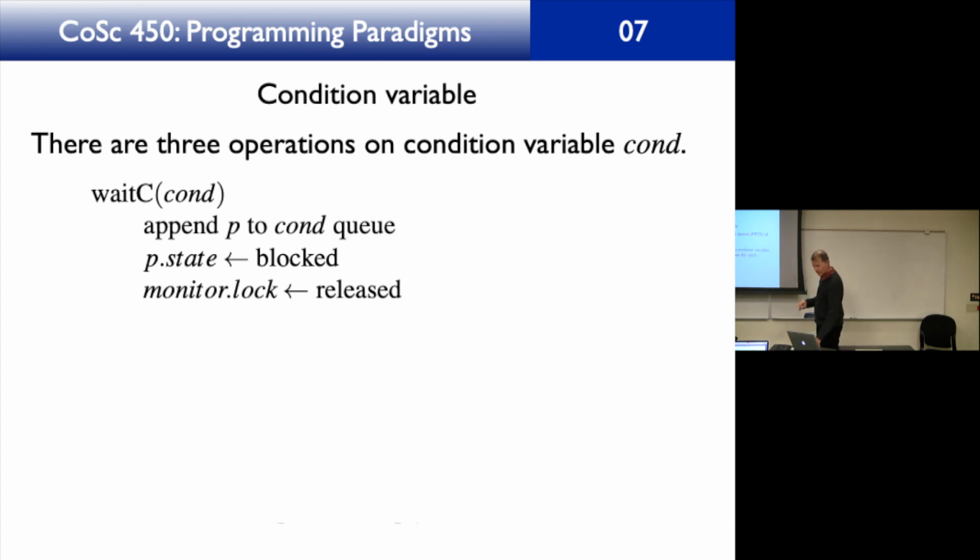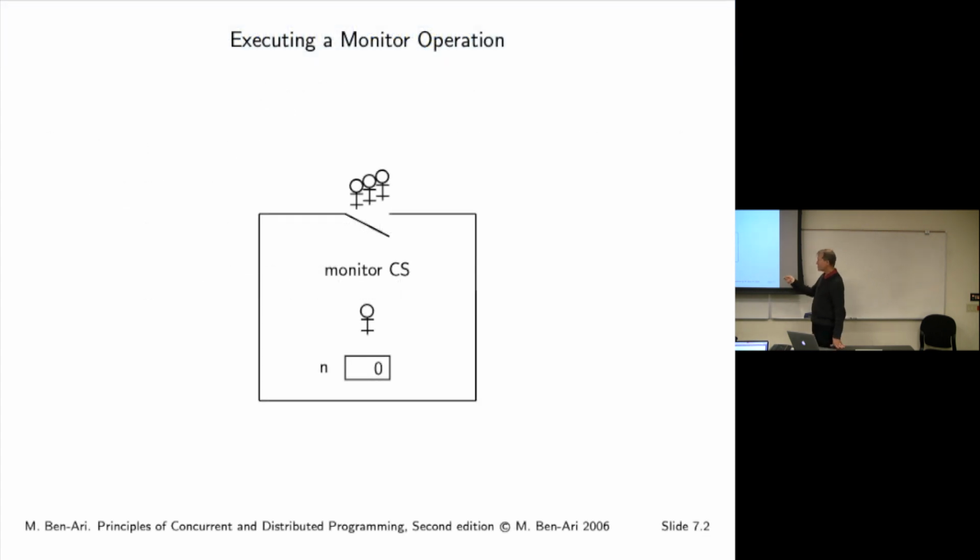What do we mean by the lock is released? Let's go back to this picture. As long as this process is in the monitor, these guys can't get in. But if this process executes a wait, there's another little queue over here to the side. It's not shown in this figure, but we'll show it in a minute. It will go into this blocked queue, and it will unlock this so that another one of the processes can get in and be executing.